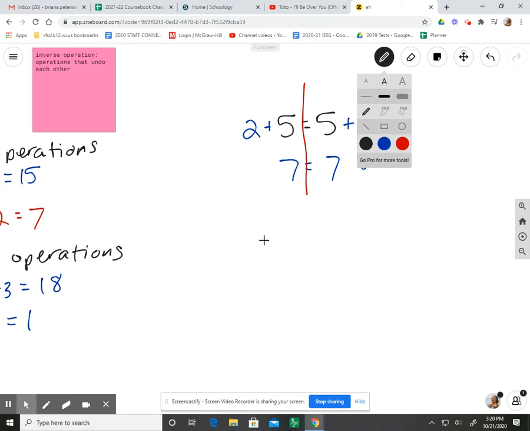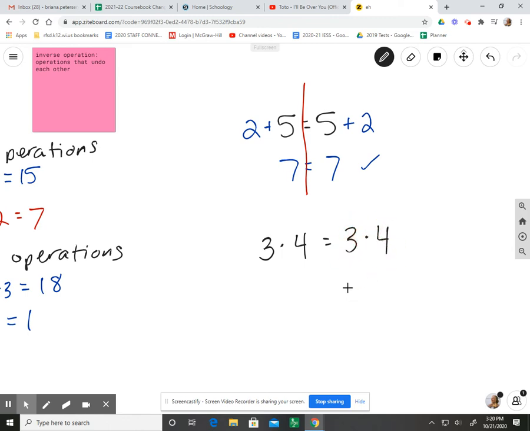So if I have 3 times 4 equals 3 times 4, and I want to subtract 1 from this side, I have to subtract 1 from this side too. Then, using the order of operations, we do our multiplication first. So now we have 12 minus 1 on both sides, and we get 11 equals 11, which is true.